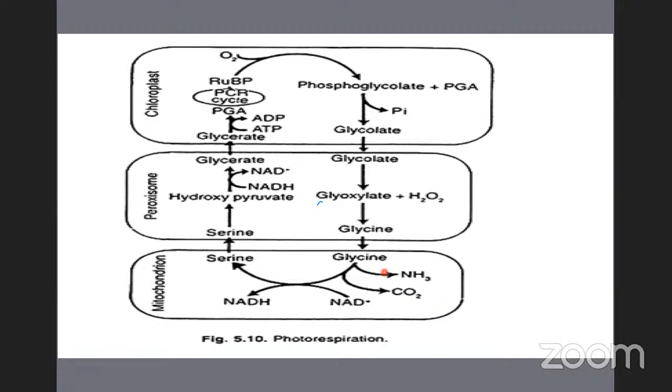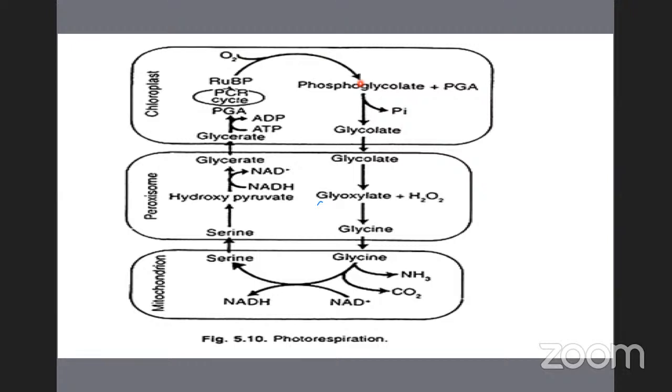And in mitochondria, this amino group is separated during the formation of a serine molecule. Another carbon molecule is released in the form of carbon dioxide. So here CO2 is released, O2 is taken in.